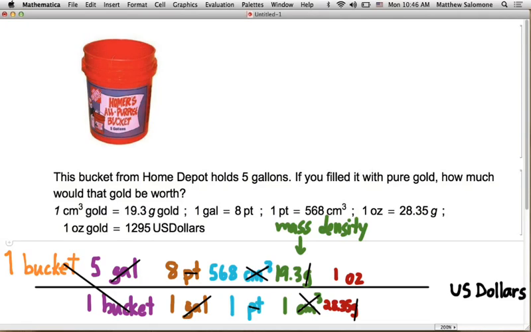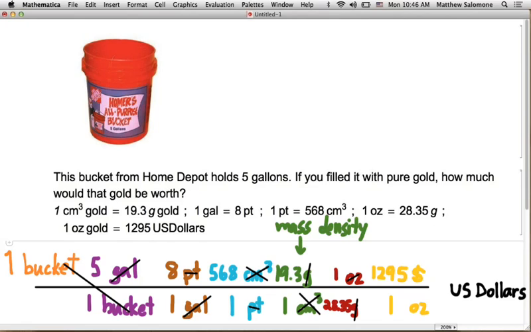Right, now we need to know how many ounces of gold are how many dollars. So we'll put our ounces of gold downstairs, and we'll put our US dollars upstairs, and there we have our final conversion factor, 1,295 dollars per 1 ounce.